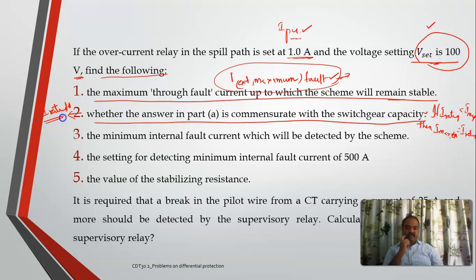This will become the new value of external maximum fault current. Understood? And the second thing, what they are asking is regarding the minimum internal fault current, which will be detected.